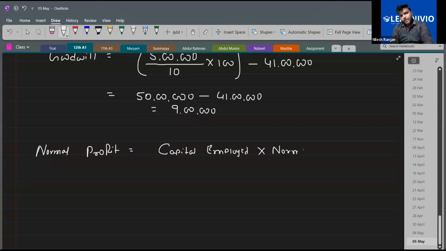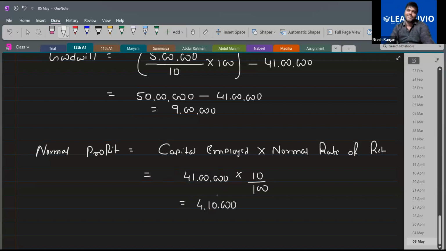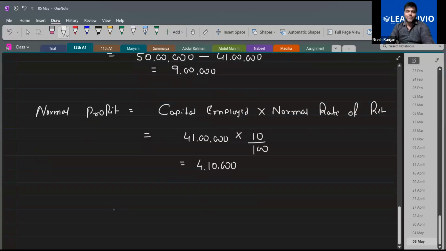Normal rate of return is 10%, and capital employed is 41 lakh, so 41 lakh into 10% is 4 lakh 10,000. How did you get 5 lakh? That was a mistake, that is the actual profit.